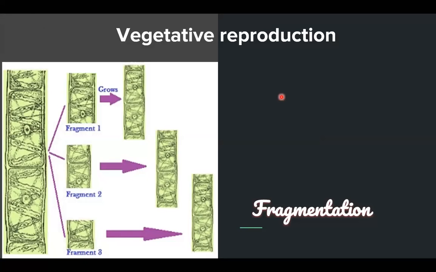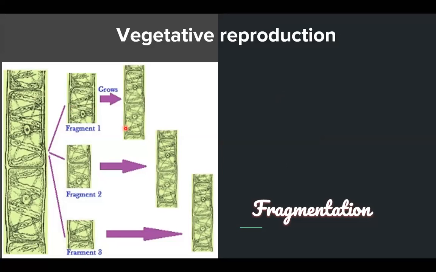Let us see what happens in fragmentation. The filament of Spirogyra is broken down into many fragments, and each of these fragments will grow into a new filament.